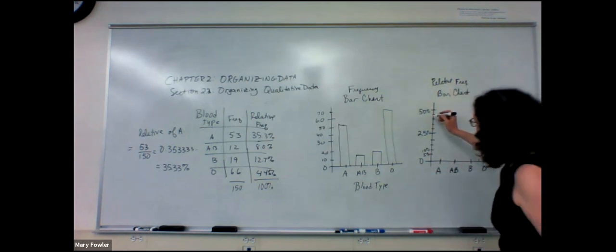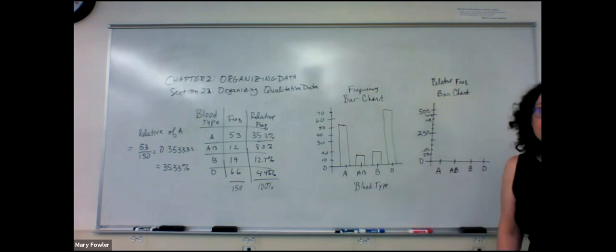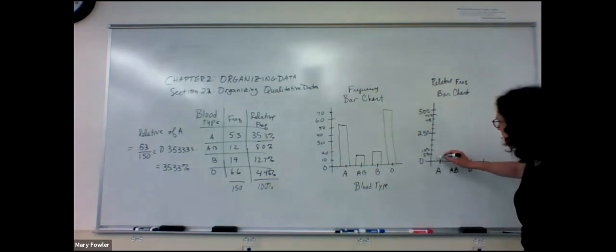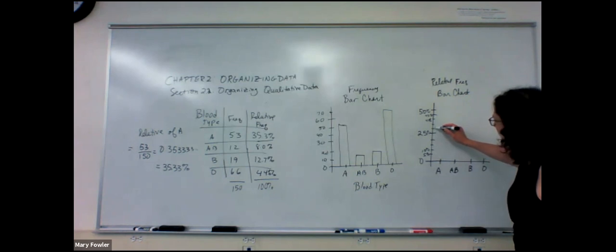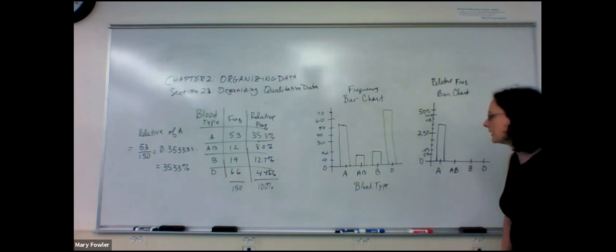Okay, so this is 45%. 40%. All right, so you get it. 35% for A, so 25, 30, 35. So the 35.3 is a little bit above the 35 mark. That's the relative frequency bar.